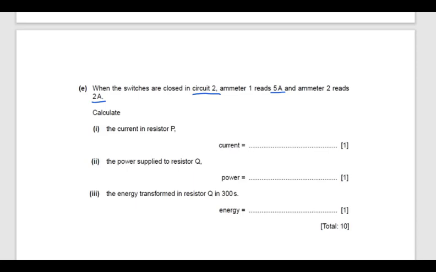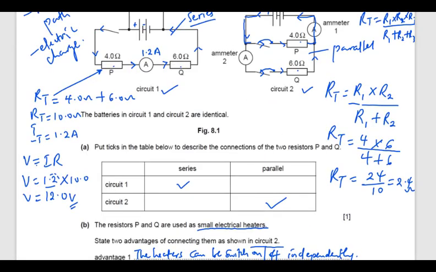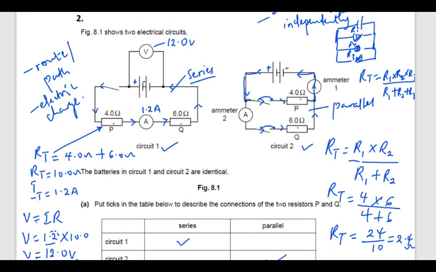Okay, in circuit 2, we're told that ammeter 1 reads 5 amps and ammeter 2 reads 2 amps. Let me erase this part so that we can see very well.